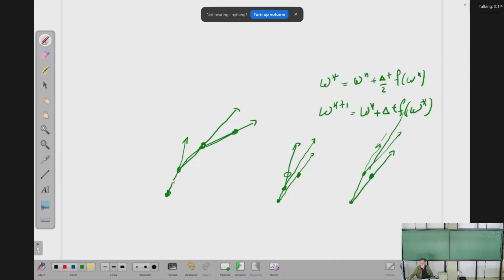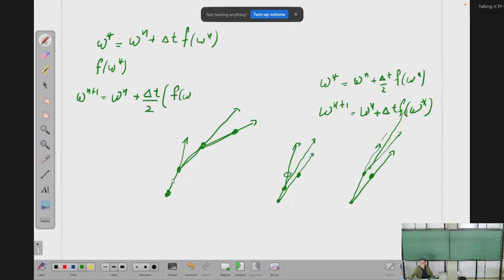I start now with this full step. You do the start, then you compute f of W star, and then W n plus 1 is Wn plus delta t over 2 times f of Wn plus f of W star.